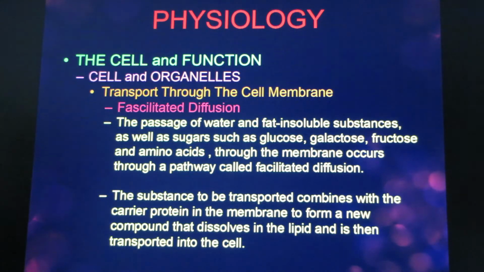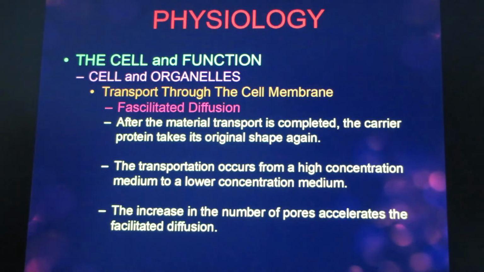The substance to be transported combines with the carrier protein in the membrane to form a new compound that dissolves in the lipid and is then transported into the cell. After the material transport is completed, the carrier protein takes its original shape again and separates from the transported molecule. The transportation occurs from a high concentration medium to a lower concentration medium.